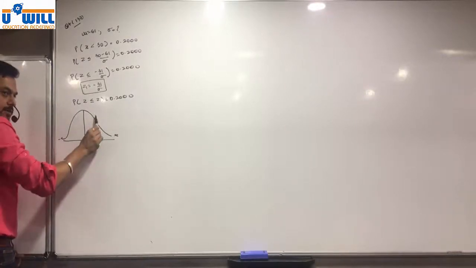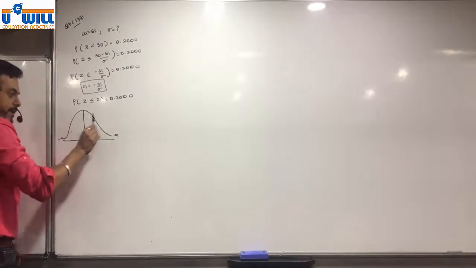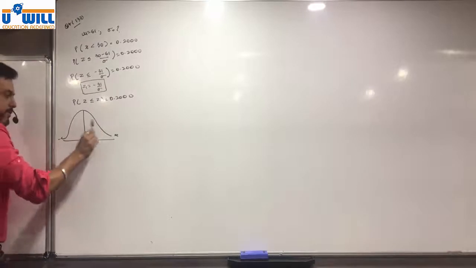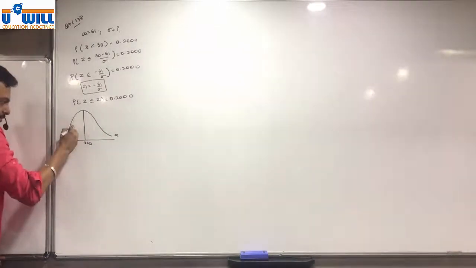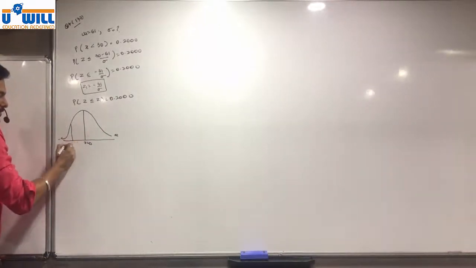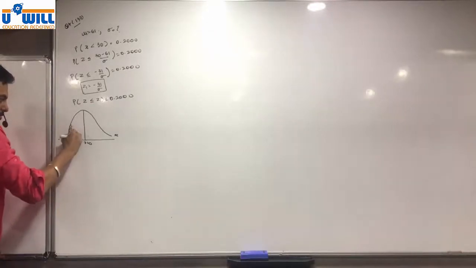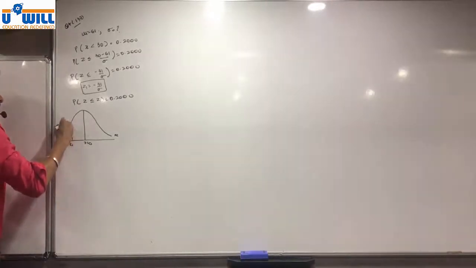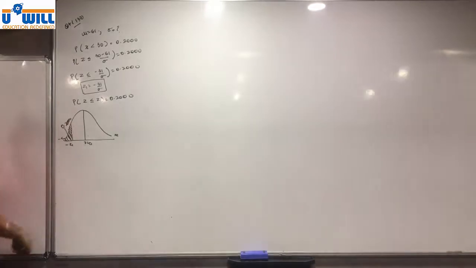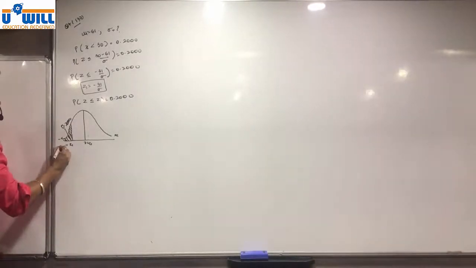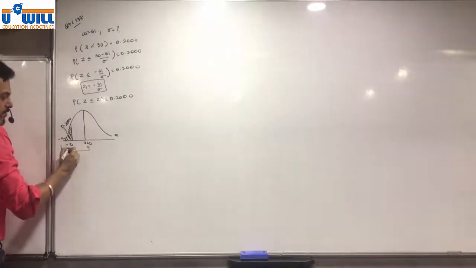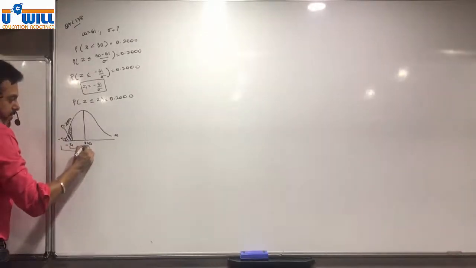If I take it over here and the shading is over here, will it be 20%? So where do I have to place Z1? On the left hand side. So we draw a line over here, Z1, which will be negative. This area is 0.2000.